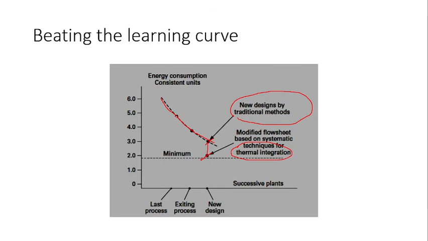So this is your last process, existing process, and new design. If you don't incorporate process integration, you will naturally be saving energy and feeling happy. But if you incorporate process integration, it can go down further, for every step that is possible. So your conventional saving of energy by changing the equipment is there, but if you apply process integration, you will get a better energy saving.